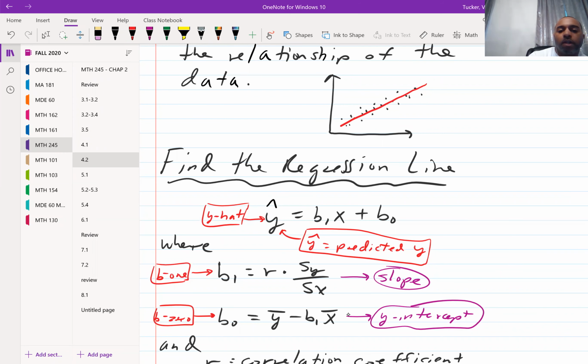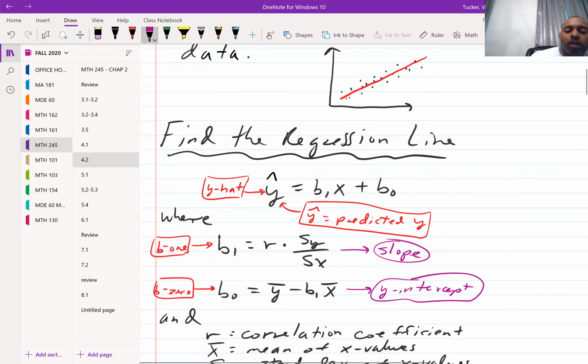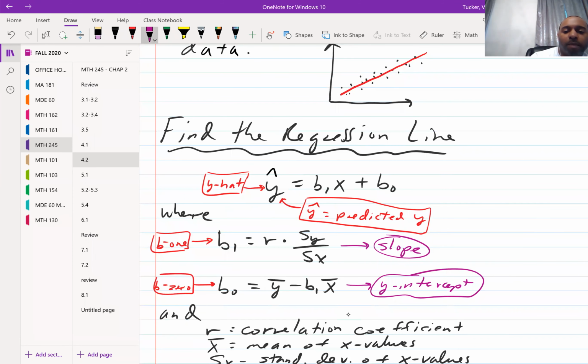All right. So the way we'll find b1 is by taking r times s sub y over s sub x. And when my MyMathLab asks for the slope, that would be your slope. b1 is your slope. b0 is y bar minus b1 times x bar, and that's called your y-intercept.